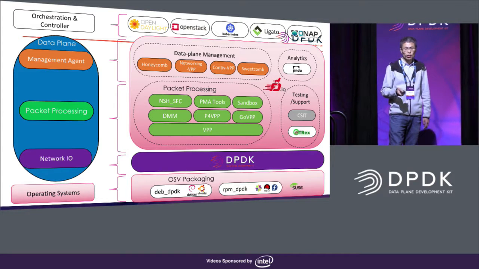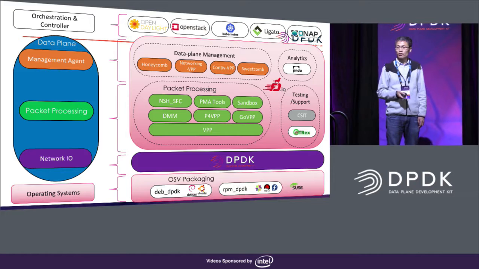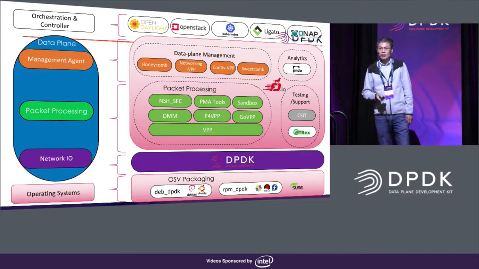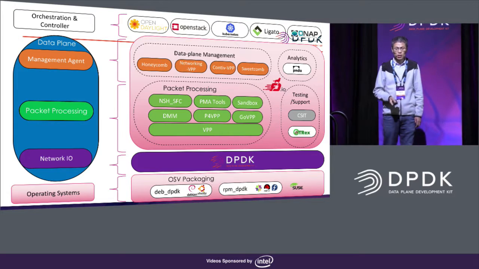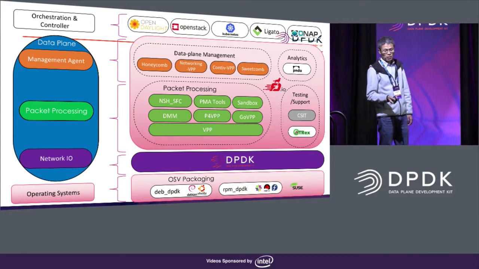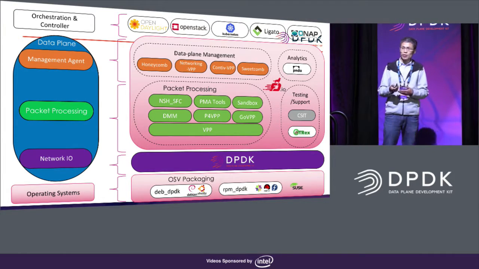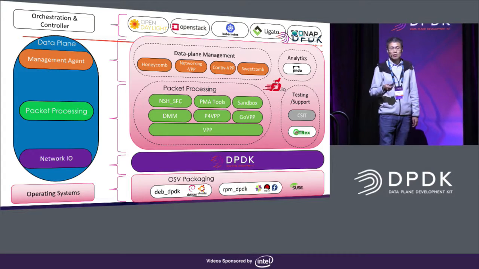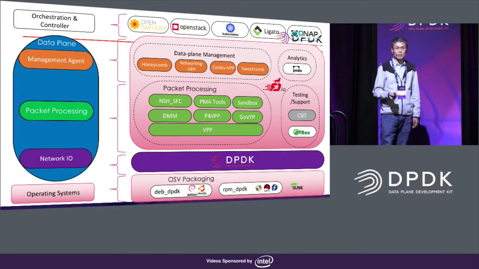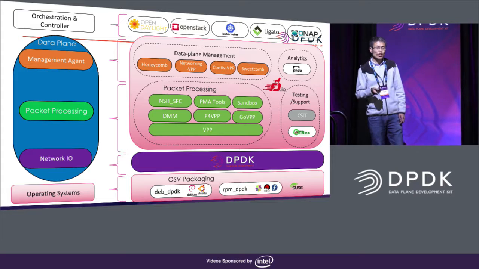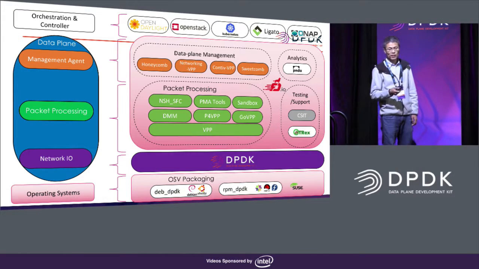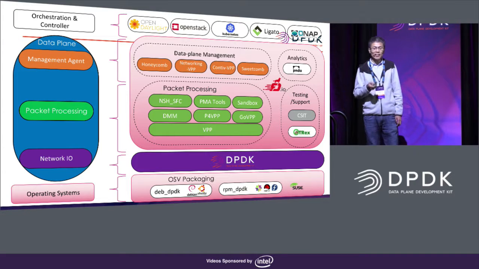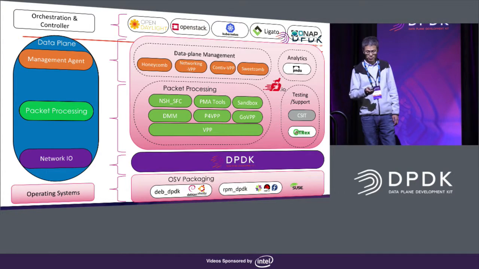Also, the first use case for ONAP, the residential CPE use case, is also developed based on VPP. Also, CSIT is used to integrate different function tests and performance tests. VPP can publish the performance test for each release. And TRex is a packet generator based on DPDK.